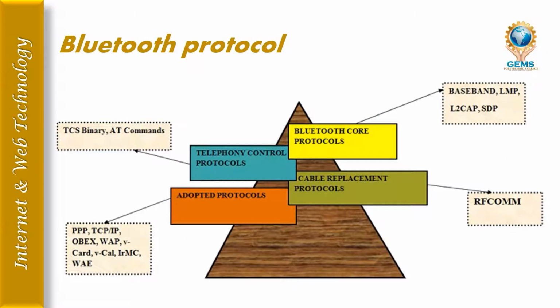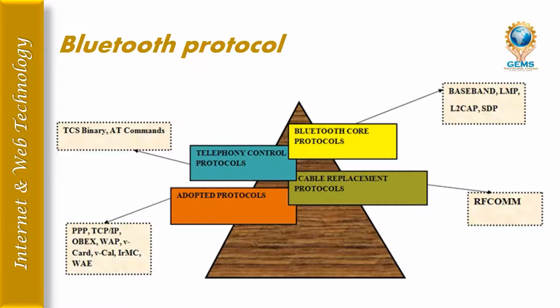Now we are going to see the Bluetooth protocols. There are different types of Bluetooth protocols. The main protocols are the Bluetooth core protocols, telephony control protocols, cable replacement protocols, and adapter protocols. The Bluetooth core protocols are baseband, LMP, L2CAP, and SDP.